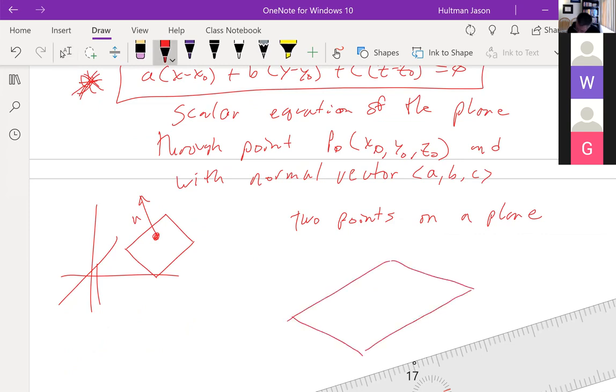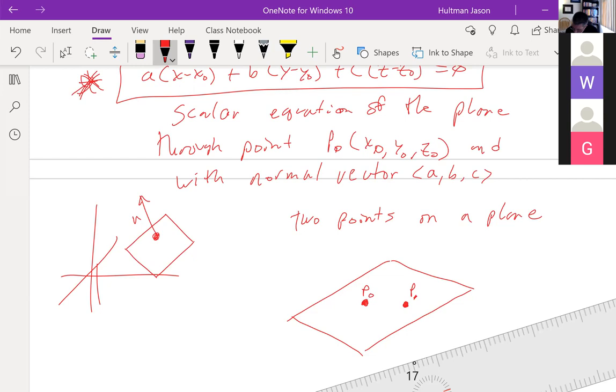I'll call this point P naught, and I'll call this point P1. We're given 2 points on a plane. How could we create a normal vector?